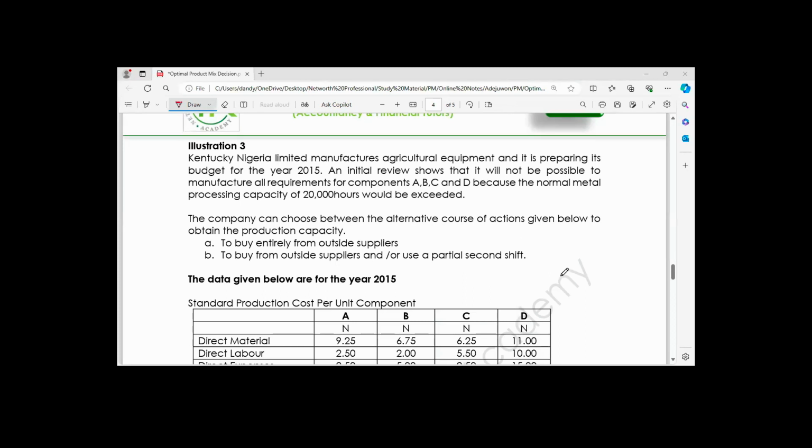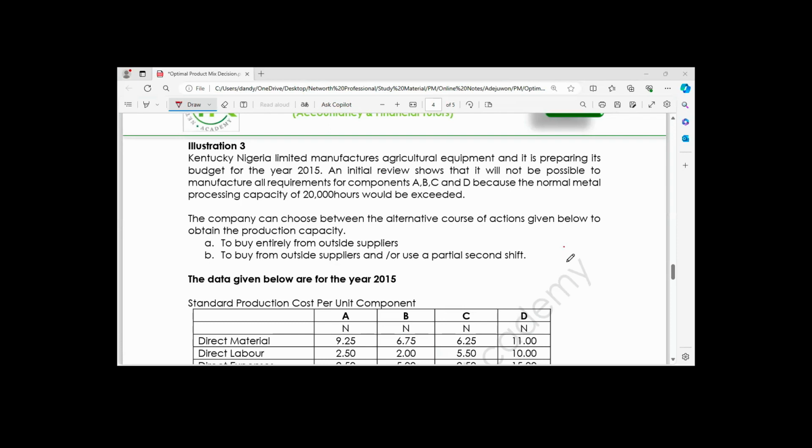Kentucky Nigeria Limited manufactures agricultural equipment and is preparing its budget for the year 2015. An initial review shows that it will not be able to manufacture all requirements for components A, B, C, and D because the normal metal processing capacity of 20,000 hours would be exceeded.